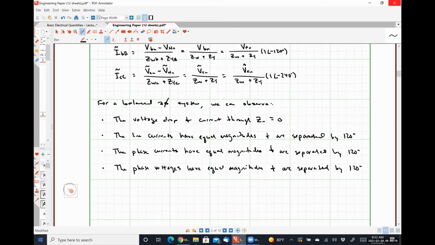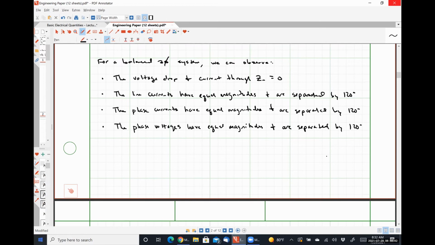Now, this one isn't as obvious, but we can also extrapolate this to our line voltages, both at the source and at the load, okay? So our line voltages at the load.